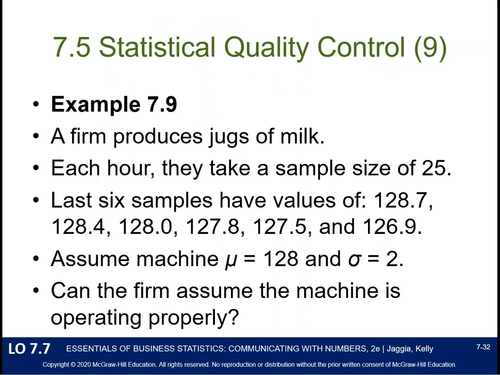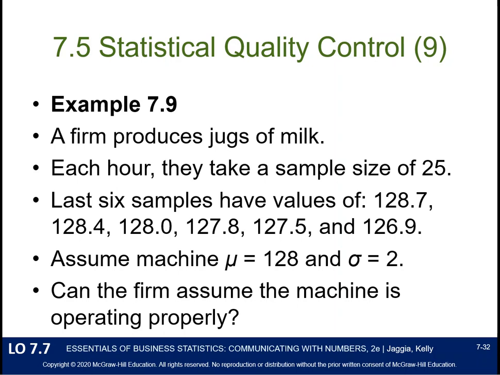So here we have an example. We are again filling jugs of milk. Every hour we sample 25 jugs of milk. For our last 6 samples, we have values of 128.7, I'm assuming that's ounces, 128.4, 128, 127.8, 127.5, and 126.9. We can see that they're all fairly close, clustered right around the 128 area.